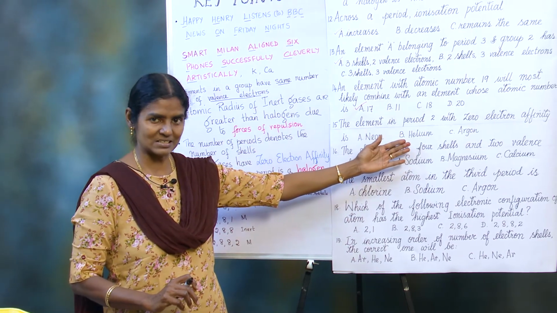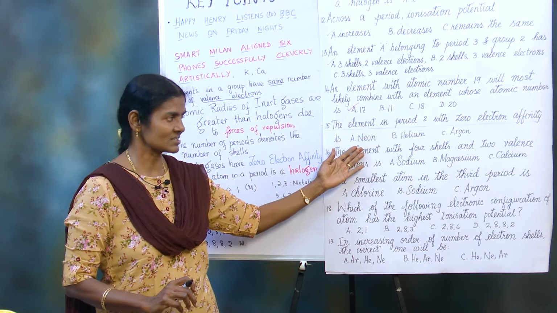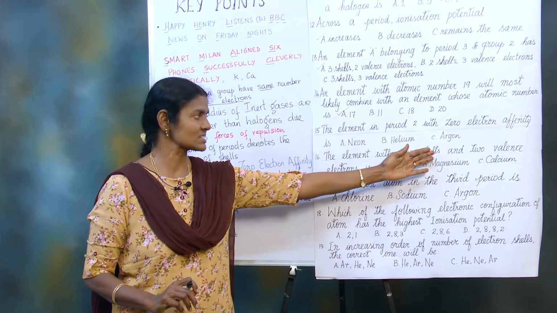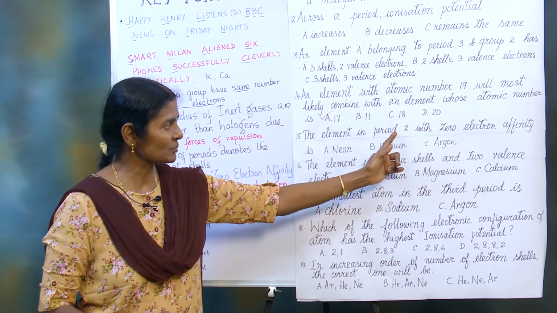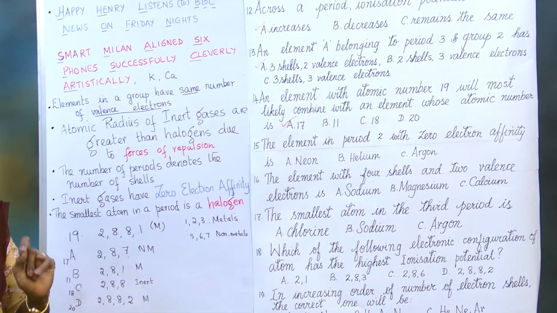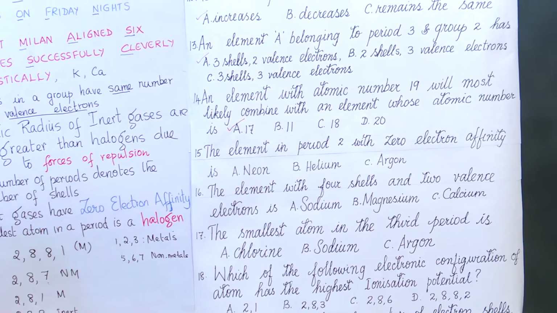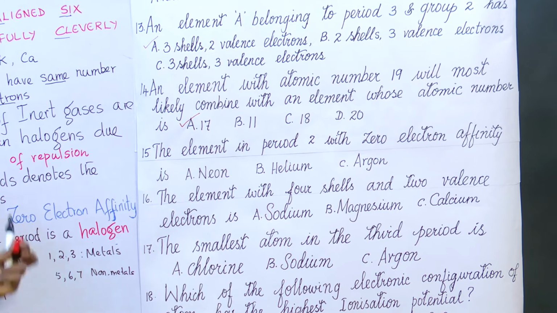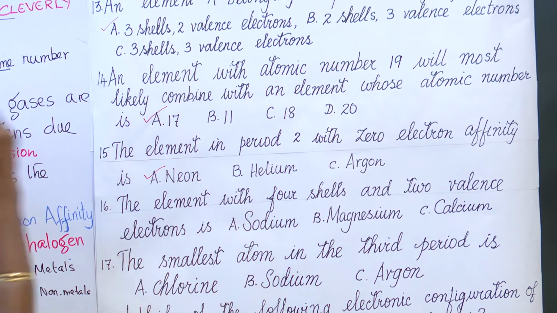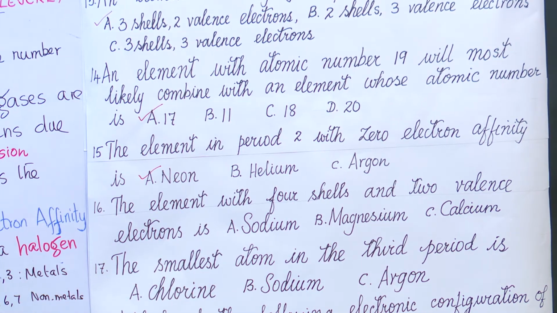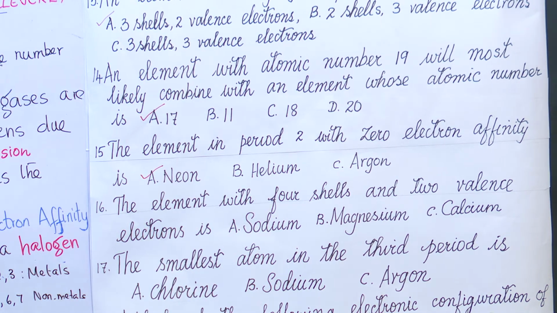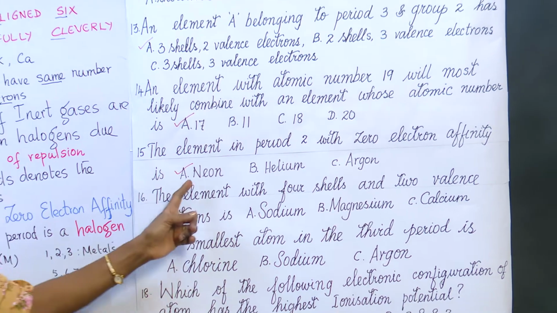Helium comes first, neon comes second, and argon has 3 shells. Now which one in period 2, the one which has 2 shells would be period 2, and that is nothing but neon. So neon has 0 electron affinity and it belongs to period 2.